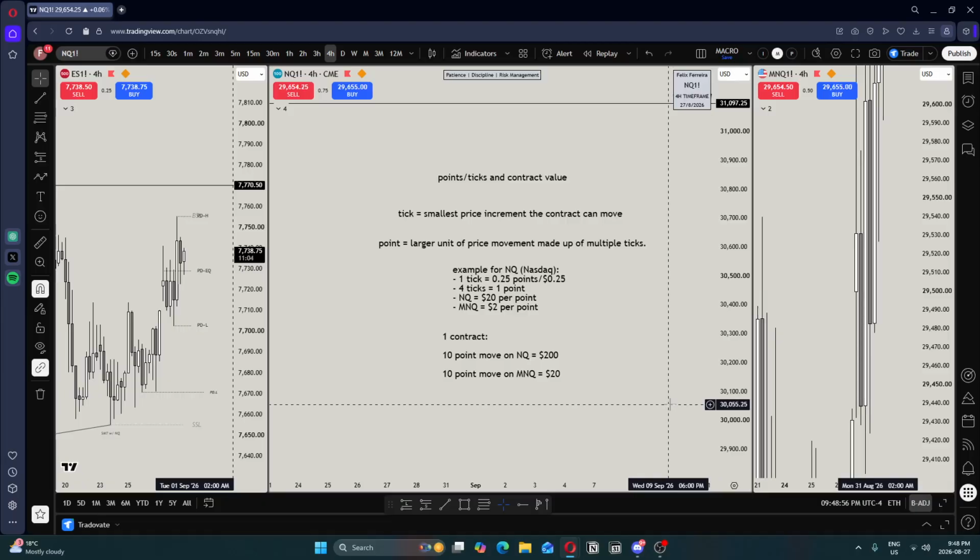If you're using a mini NQ contract, regular NQ, and you have a 20-point stop loss, that means you're risking $400 on that one given trade. If your stop is 50 points, you're risking 1,000. If your stop is 10 points, you're risking 200. That is how profit and loss is calculated with futures.